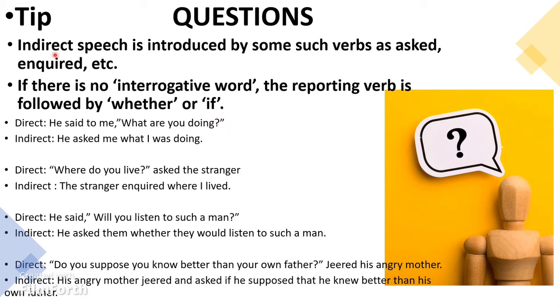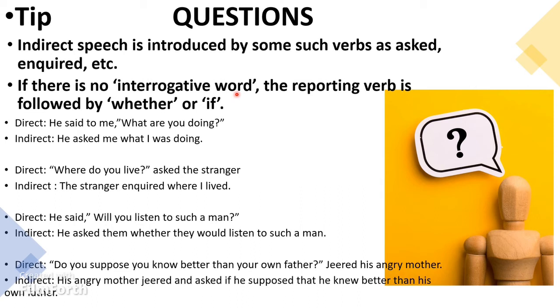The first tip is indirect speech is introduced by some verbs such as asked or inquired, etc. When you are changing it into indirect speech, you have to use words like asked, inquired when the direct speech is in a question format. And if there is no interrogative word in the direct speech, children, you know what is interrogative word?